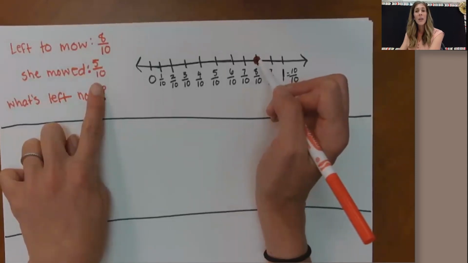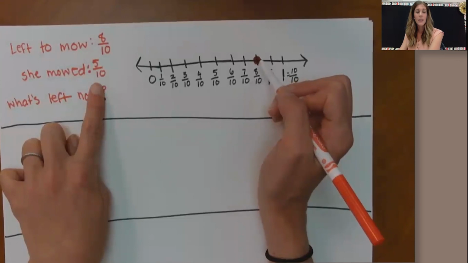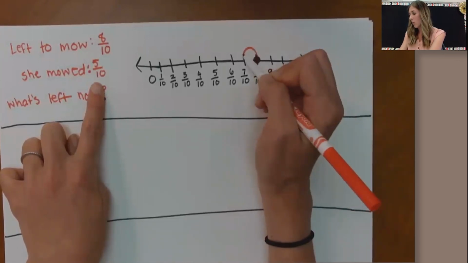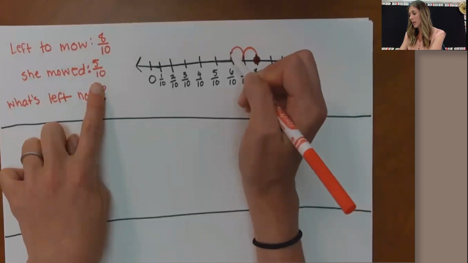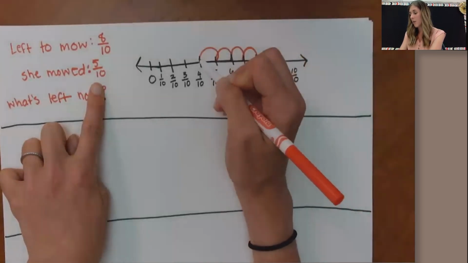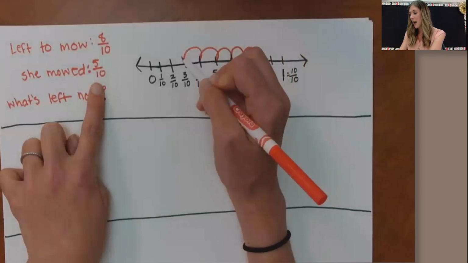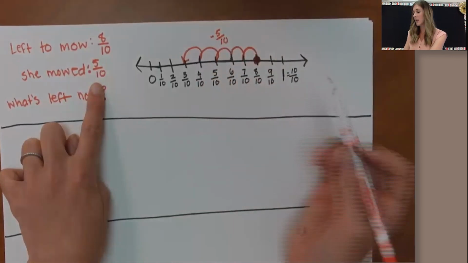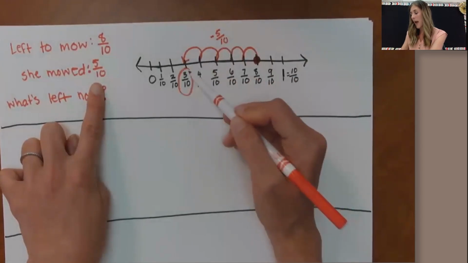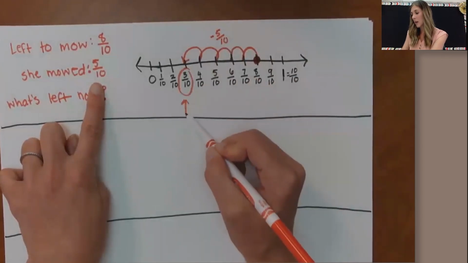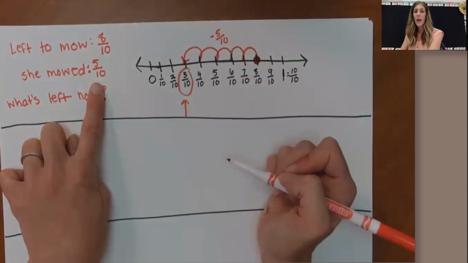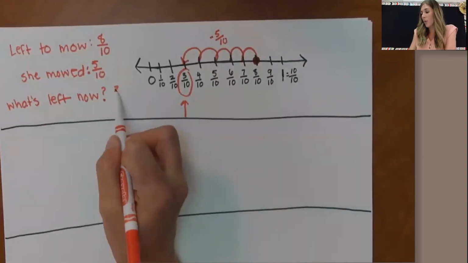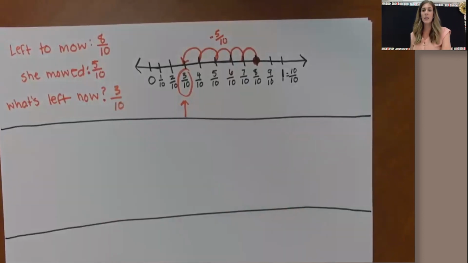So if we're taking away, we're getting smaller. So we're going to go down on our number line. 1 tenth, 2 tenths, 3 tenths, 4 tenths, 5 tenths. So when we take away those 5 tenths, we stop at 3 tenths, showing that she still needed to mow 3 tenths of her yard.